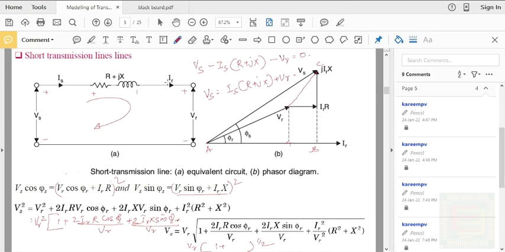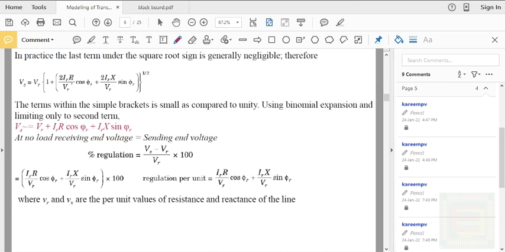So finally you can see that Vs will be equal to VR into 1 plus this expression raised to half. So it is of the form 1 plus X raised to half, and you can see that this term will always be less than 1. So this can be written in the form Vs is equal to VR into 1 plus some term X raised to 1 by 2, and it can be expanded as an infinite series.